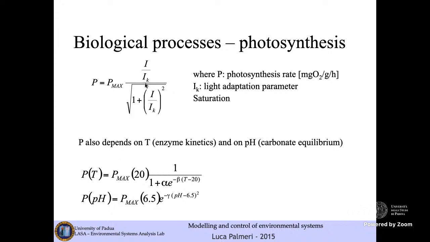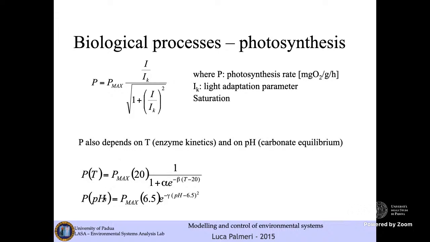that is performing photosynthesis. But we may also recognize that the photosynthetic rate also depends on temperature, as all enzymatic kinetics do, as we have seen here and there, and on pH. We may include these dependencies by employing these two types of submodels, in which the photosynthetic rate as a function of temperature is equal to a maximum rate at 20 degrees reduced by this factor.